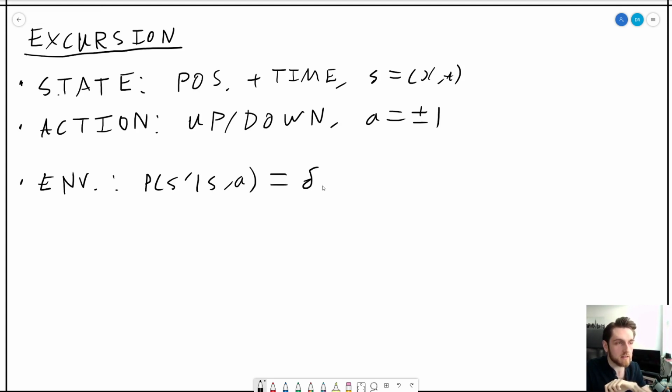This is simply saying that X primed is equal to X plus A, and the time T primed is just equal to T plus 1.